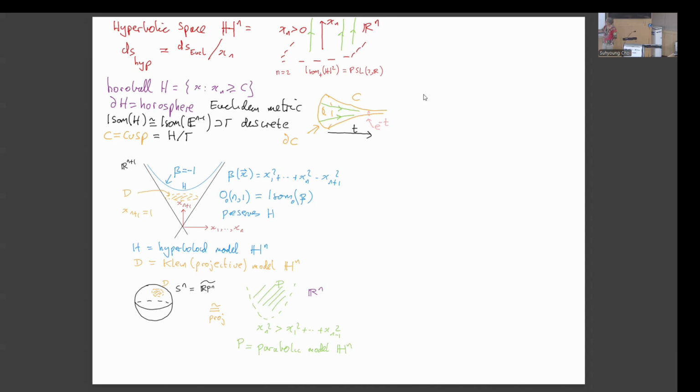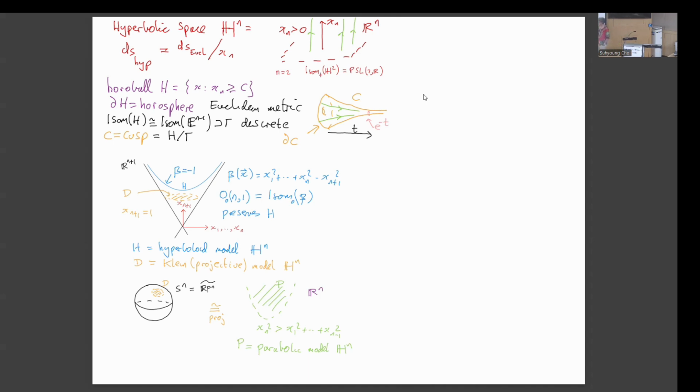And the group of linear maps that preserve this quadratic form, that's O(n,1). If I take the identity component of that, it preserves this hyperboloid, and that's the identity component of the group of isometries of hyperbolic space. It preserves H. This acts on the Klein model of hyperbolic space.